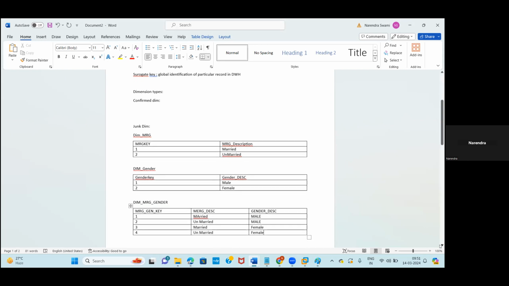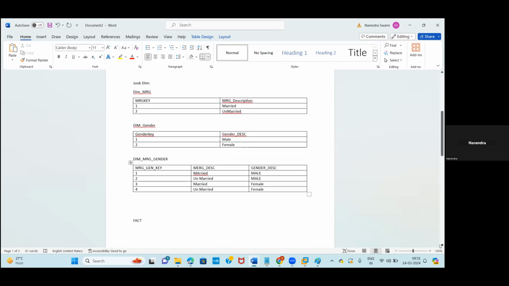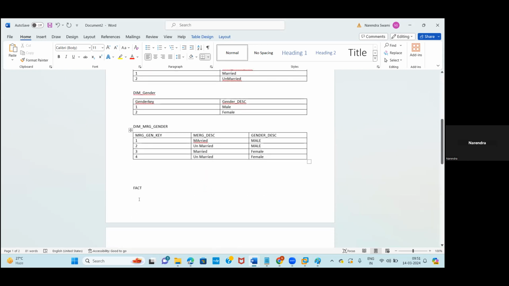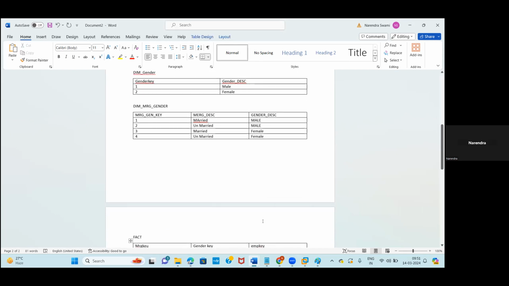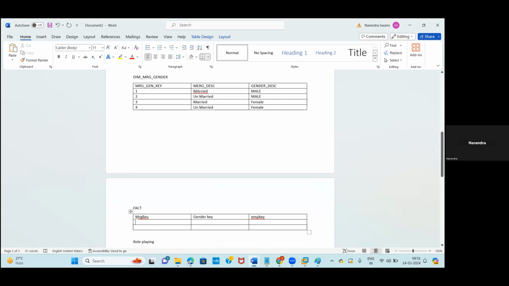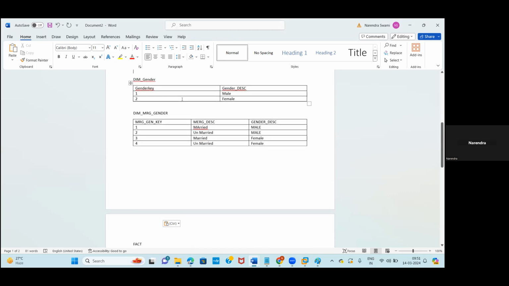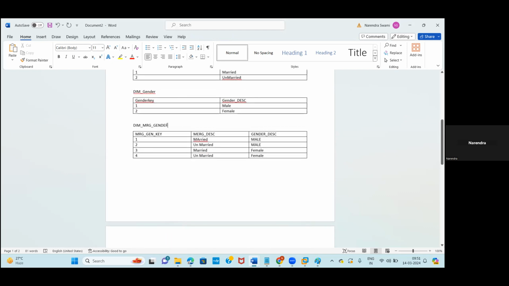Now imagine if we combine like this, in a fact table we can maintain only one key, called marriage gender. So this is how we combine two tables into one table, and this one table is known as a junk dimension.